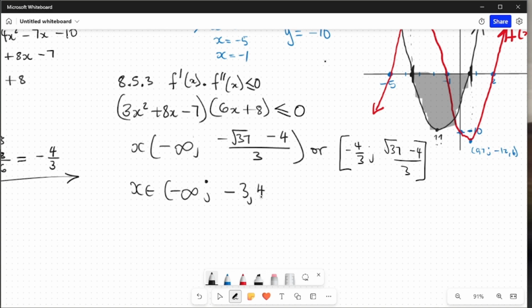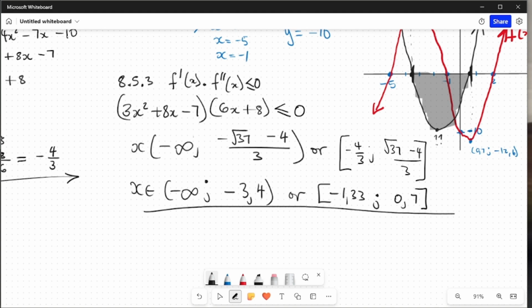The included number negative 4 over 3 would be negative 1,33 recurring, and then I remove the negative sign and you get 0,69, which is basically 0,7. So these are the x values for that.